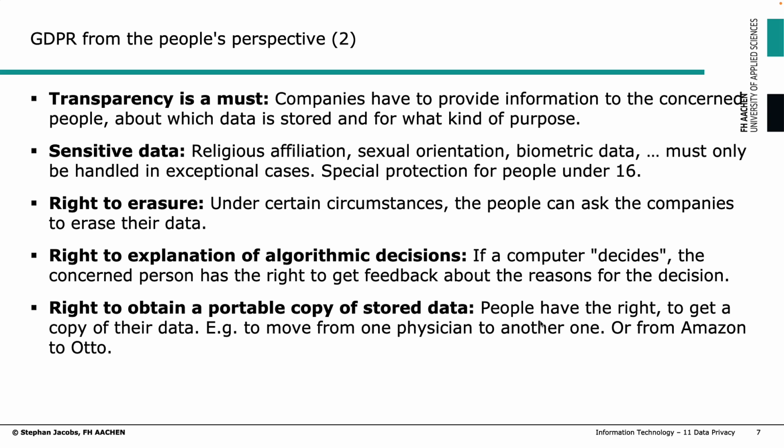There's a right to explanation of algorithmic decisions. It sounds a little complicated, so let's start with an example. If you go to a bank and ask for a credit, today there might be some kind of algorithm, some kind of computer in the background, that makes this decision. If you don't get the credit, you have the right to ask why, and then a human person must take the argument and explain it to you.